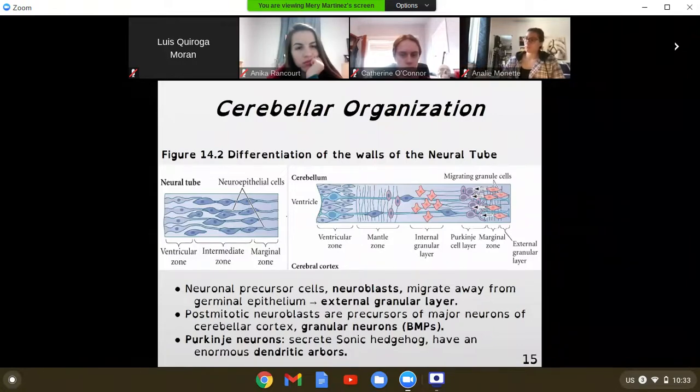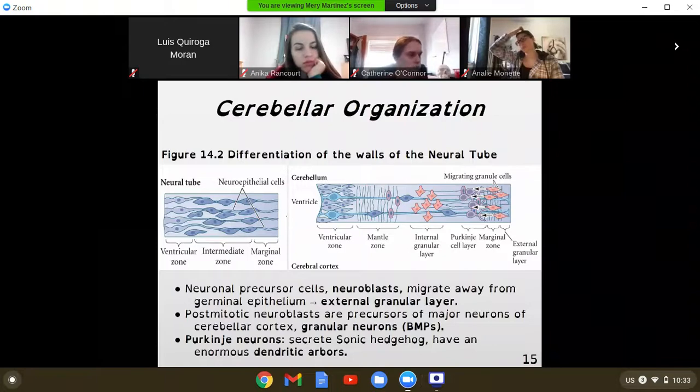The second level that we wanted to talk about is the cerebellar organization. In the brain, cell migration, neuron differentiation, and proliferation depend on the position. And so the initial three-zone architecture is now going to be more complex, okay?